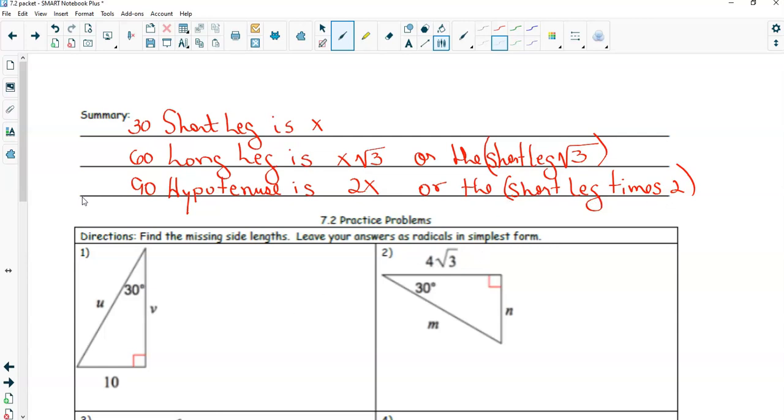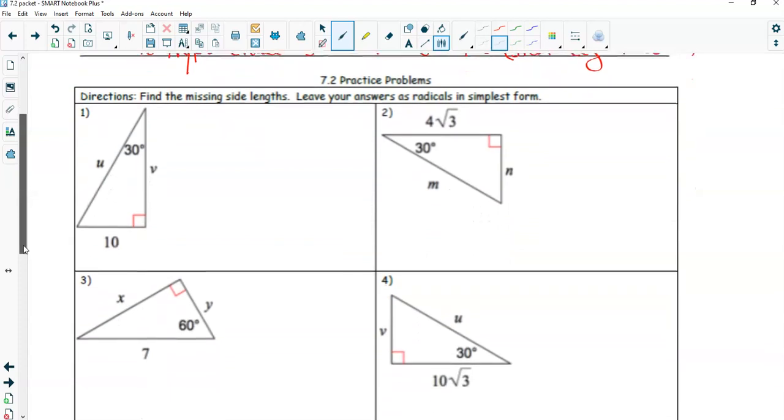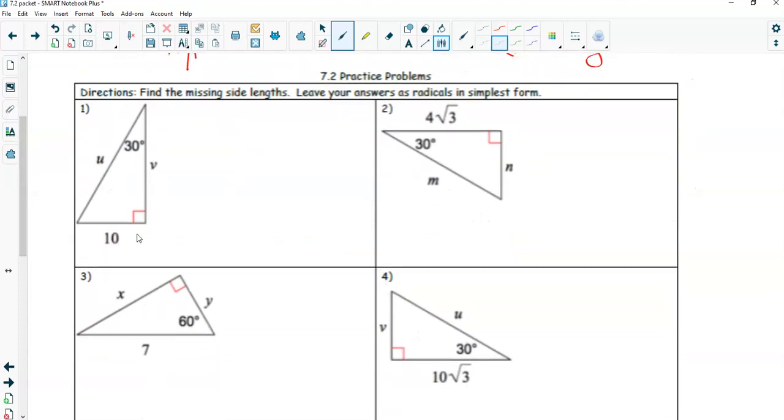Okay, so here we go. Let's take a look at this first exercise. We know these are 30, 60, 90. We're given the short leg. Remember, the short leg is x, so that means x is 10. The hypotenuse, which in this case is u, would be 2 times x.